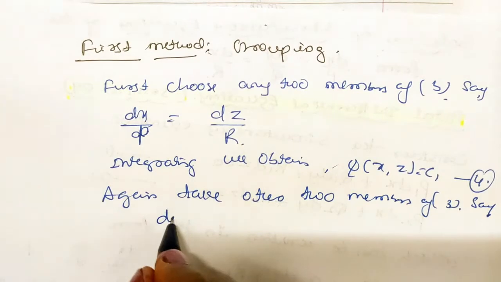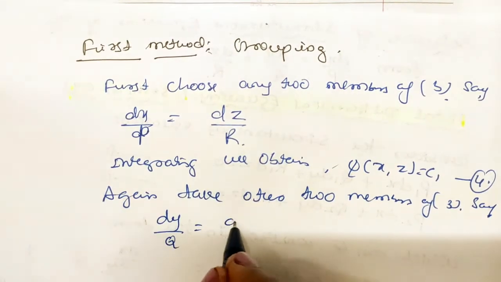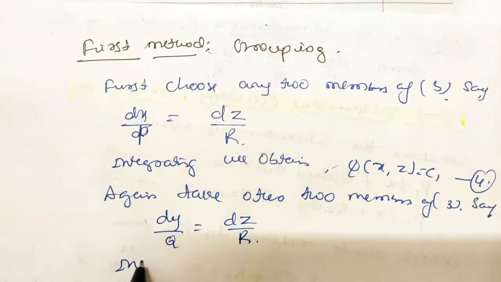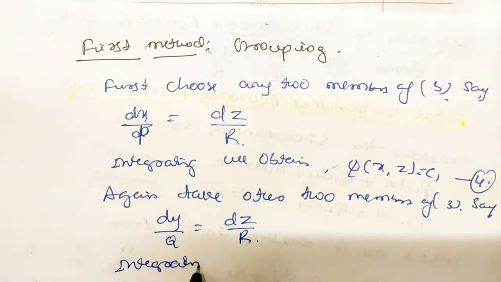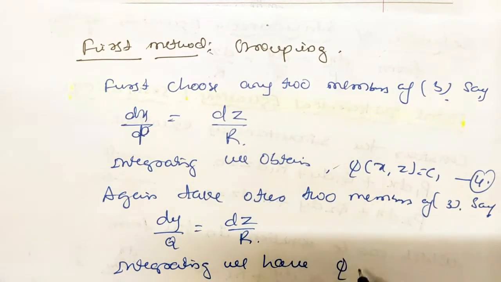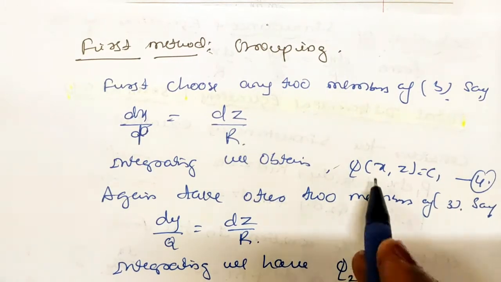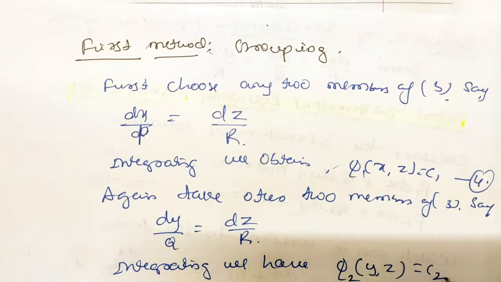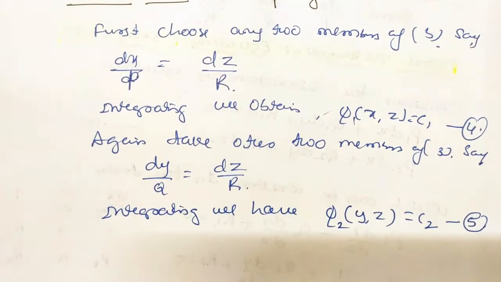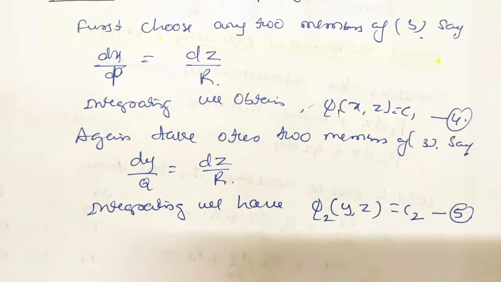Say dy by Q is equal to dz by R, and integrating we have a function of y and z: phi 2 of y, z is equal to c2. Take this as equation number 5.